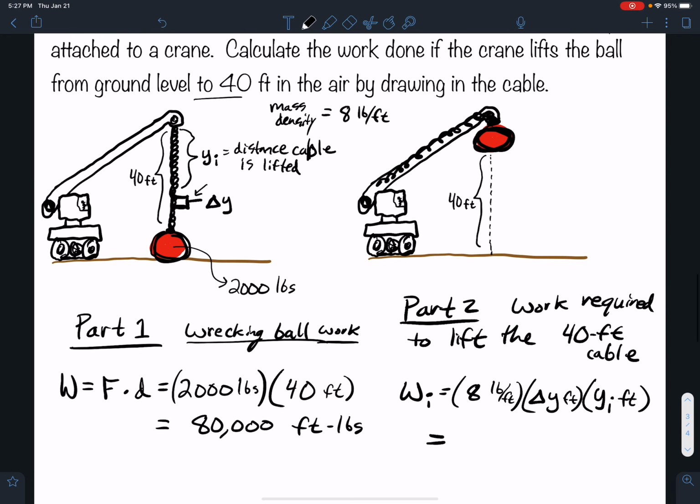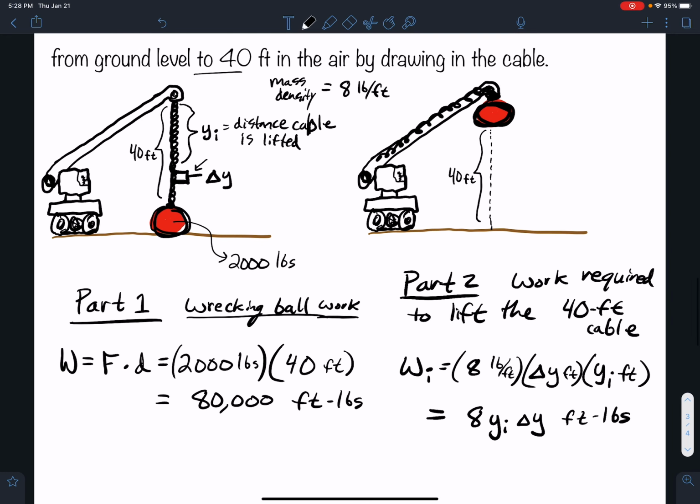This gets me 8 yi delta y foot-pounds. This represents the work needed to pull the chain up for some arbitrary delta y slice.